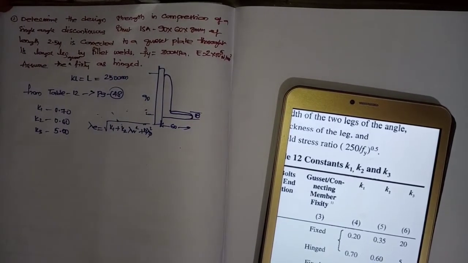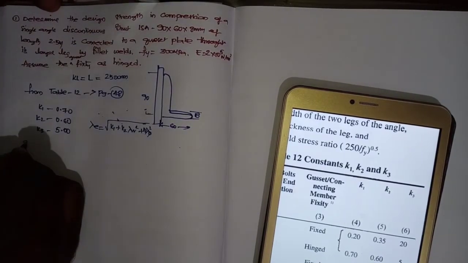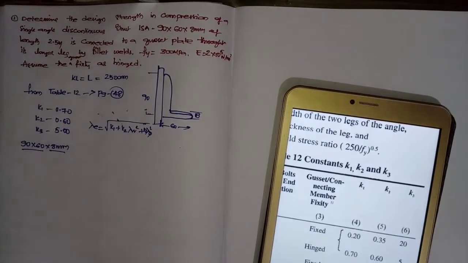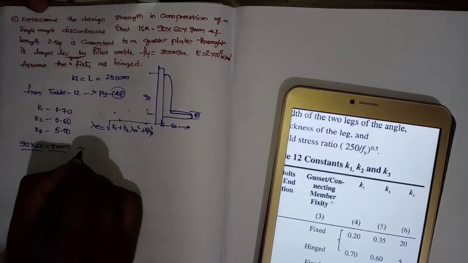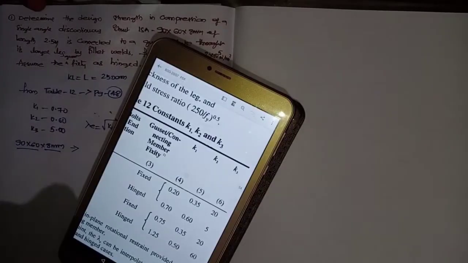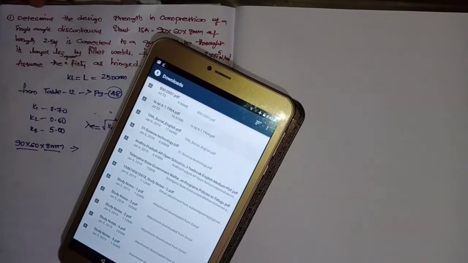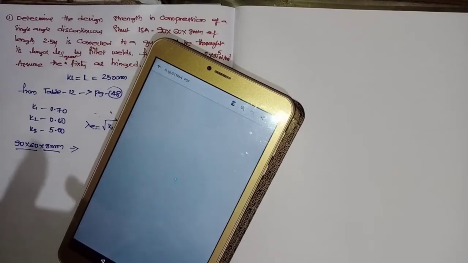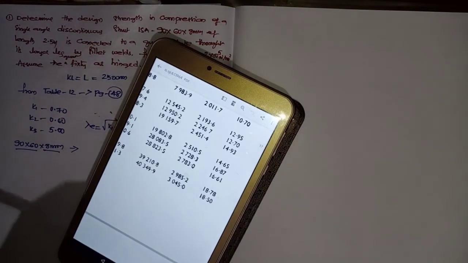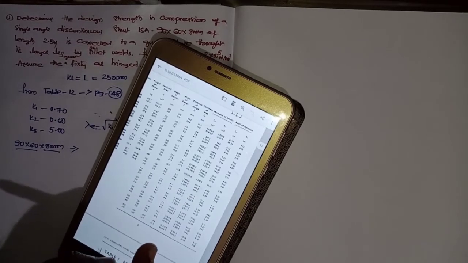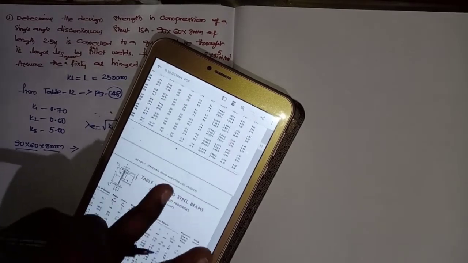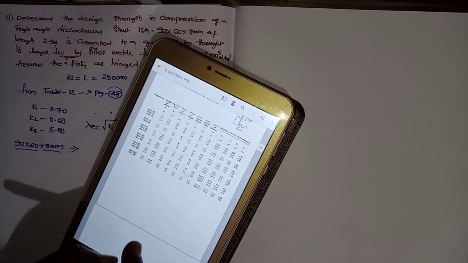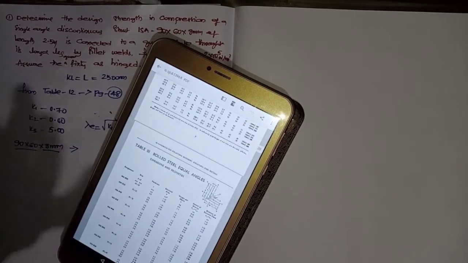Okay, now the section is already given, 90 by 60 by 8 mm. For this you visit the SP6 chart. From that what can you obtain? Area, like that, right? This is the I section, then if you go further you will get channel sections, then angle sections.